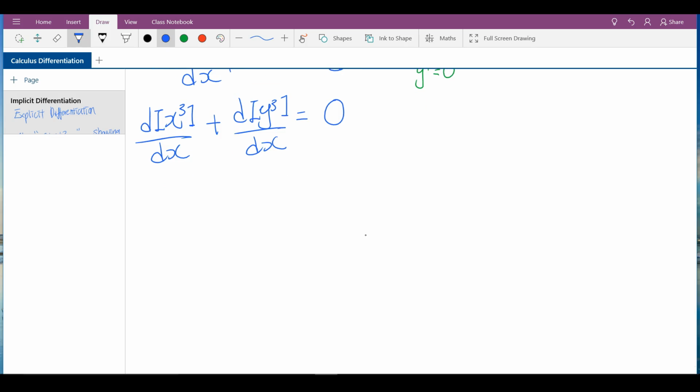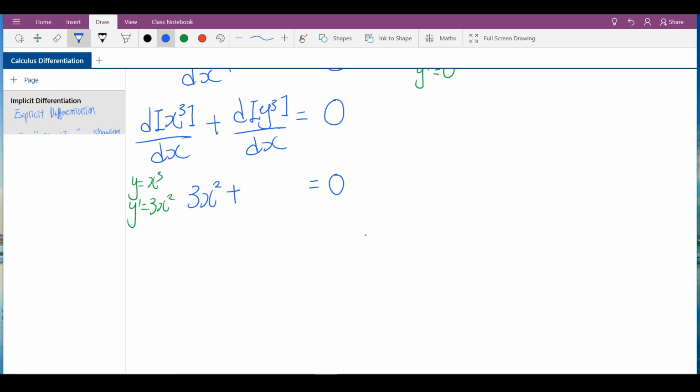Now that part is easy. We're differentiating x cubed with respect to x. That is the same as y equal to x cubed, what is y dash? It'll be 3x squared, no brainer. So we get 3x squared plus this, and then we have the 0 in here. Now, this is the interesting bit.